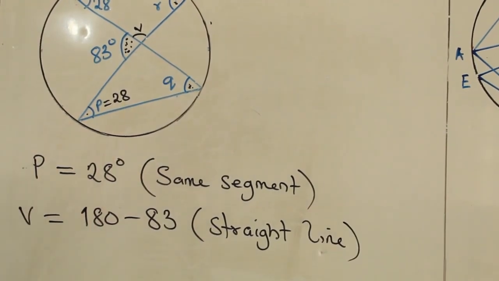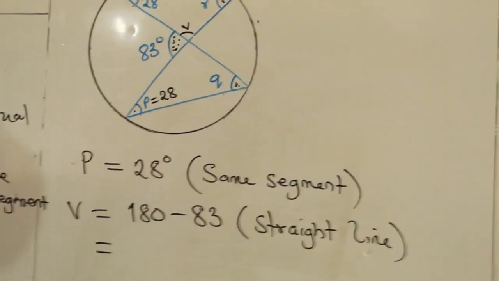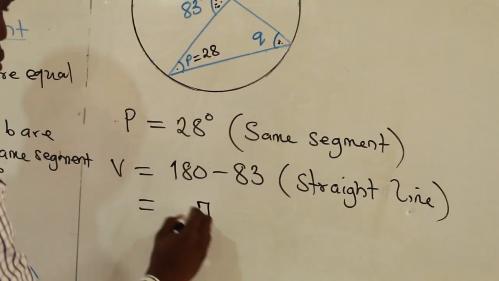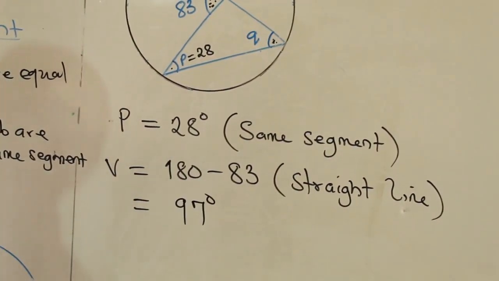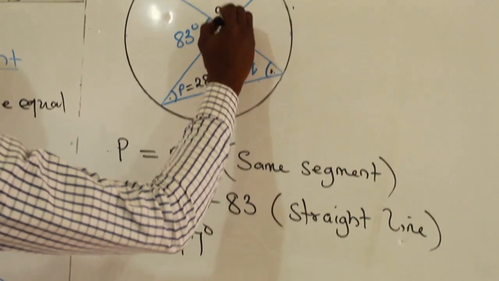The reason is that both angles were on a straight line, and 180 minus 83 is equal to 97. So this part that I labeled V is 97.